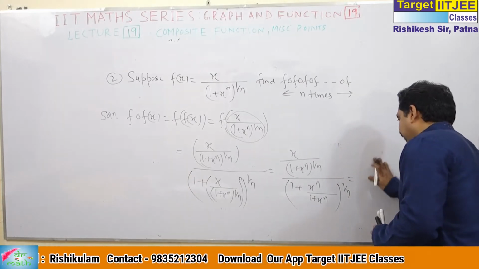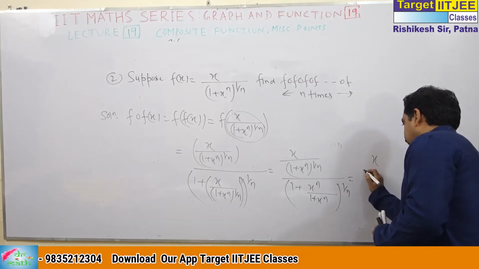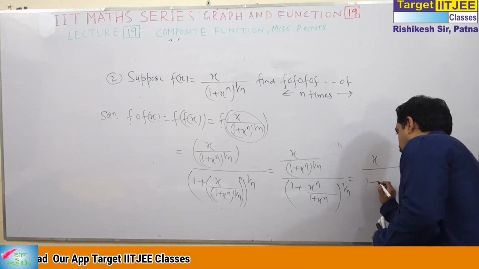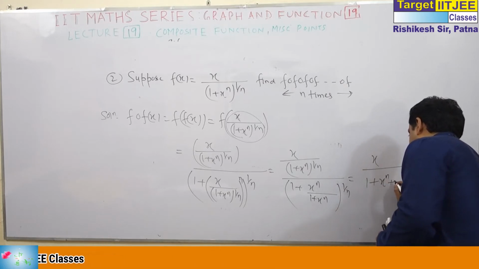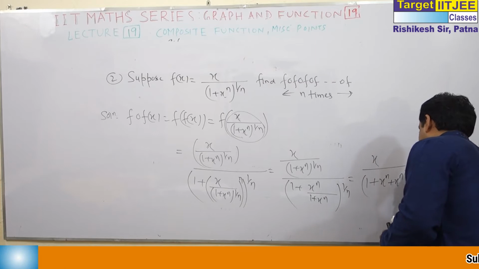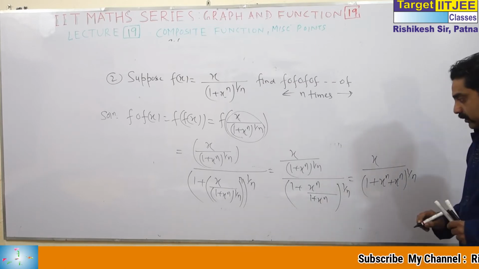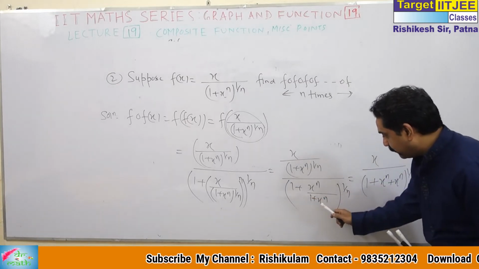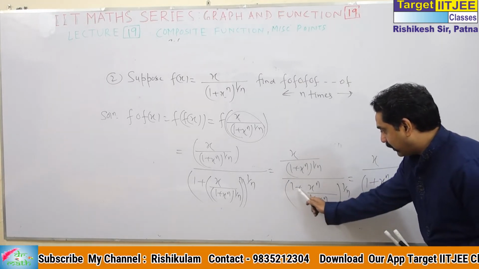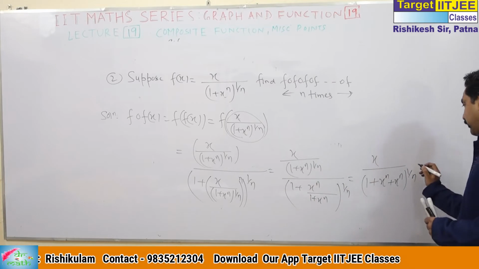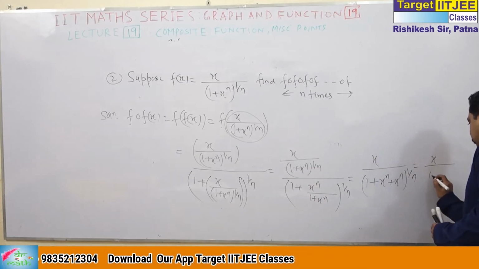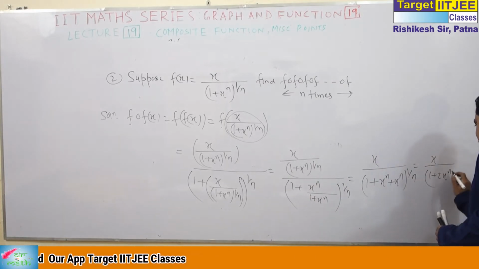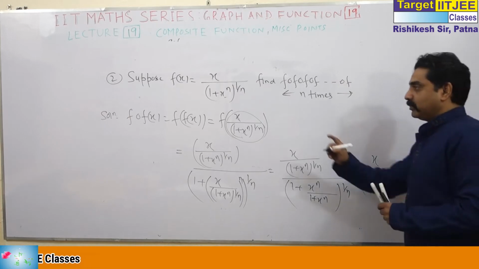Finally x by (1 plus x to the power n plus x to the power n) to the power 1 by n. When we take LCM, the denominator cancels and we get 1 plus x to the power n plus x to the power n. Finally this is x by (1 plus 2x to the power n) to the power 1 by n. So this is the second.